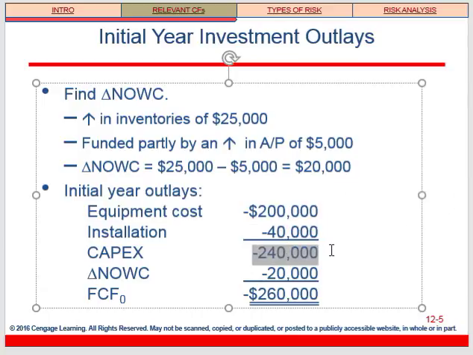So your capital expenditures is $240,000. And then you have change in net operating working capital. It's $20,000, just like we calculated here. Free cash flow in year 0 is the sum of these two, which is $260,000. It's a cash outflow of $260,000.